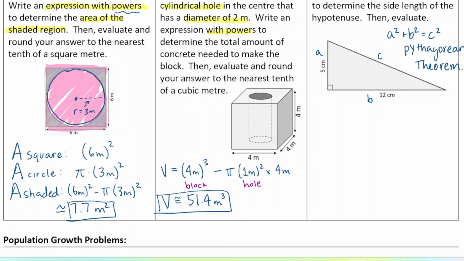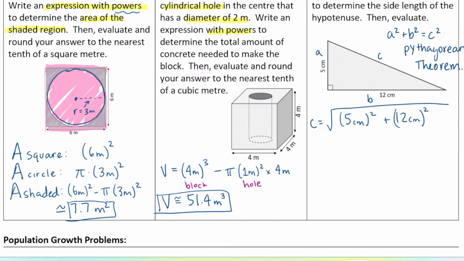And so if I was going to solve for this missing length, what we would want to do is find 5 squared plus 12 squared, and that would give us c squared, but we would want to take the square root of that to get just c.